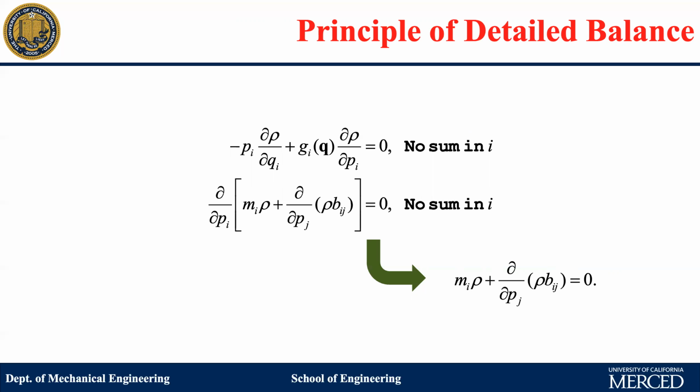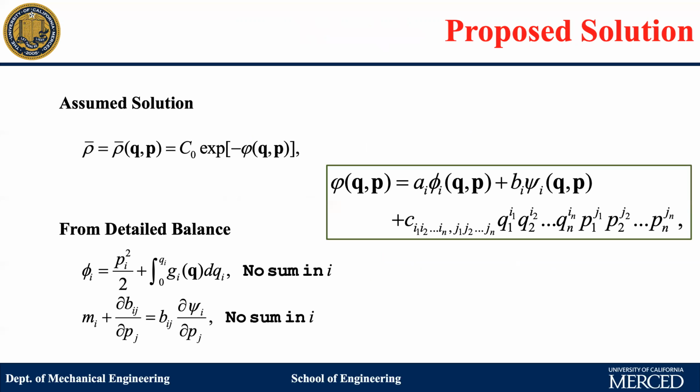You can integrate one of them, and then you end up with two separate first order partial differential equations. If these two equations lead to the same solution, we say the detailed balance condition is satisfied, and then you can find the exact solution of this reduced FPK equation. But in general, you cannot find it. If a closed form solution does not exist, there is no way you can find it.